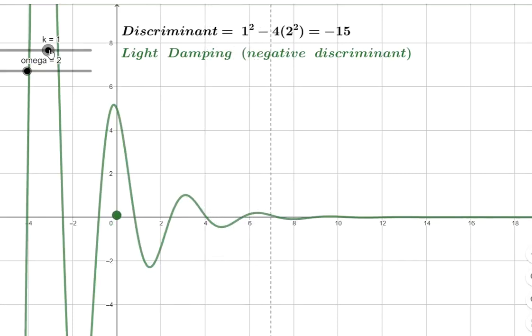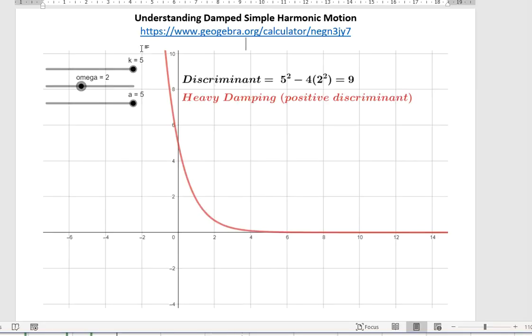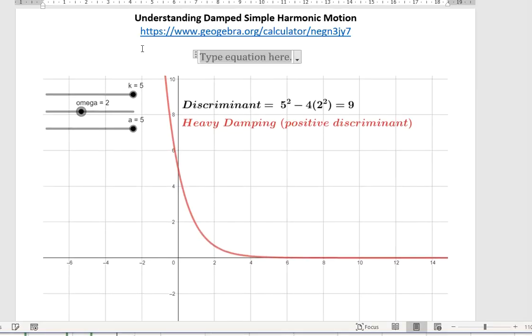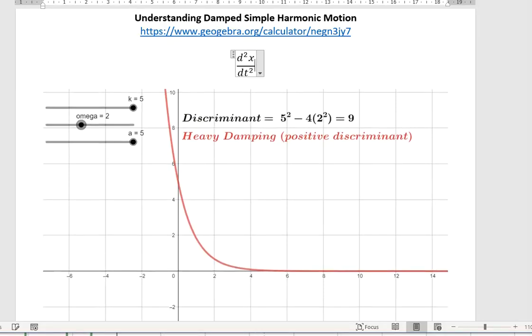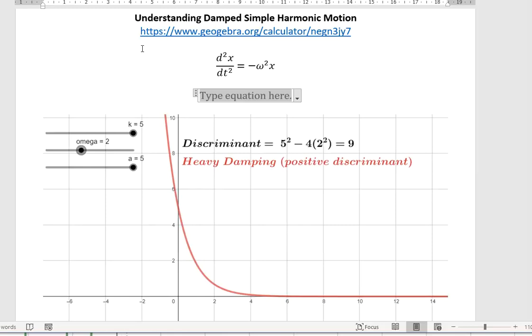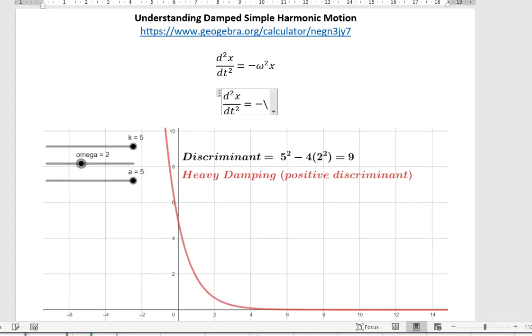Now, the k, you will recall, came from a term in the original differential equation, which was, instead of the standard one, the second derivative being equal to minus something times x, we had an additional term, where, in addition to the basic bit that gives us simple harmonic motion, we also have another force impacting the acceleration.